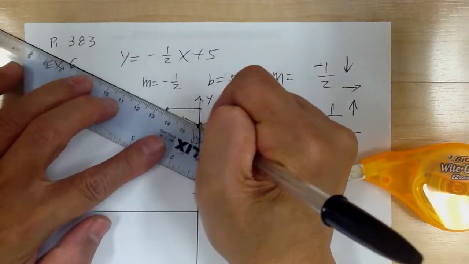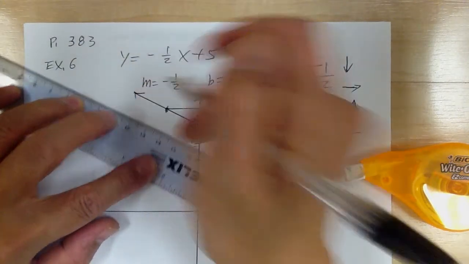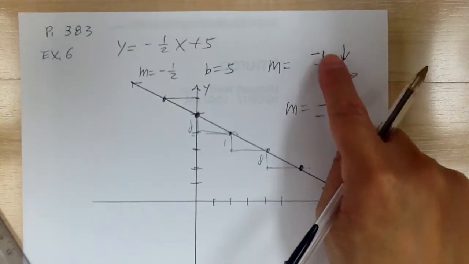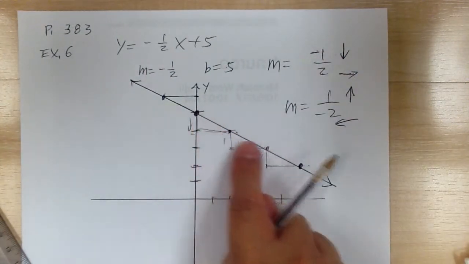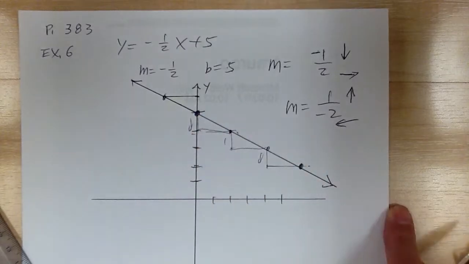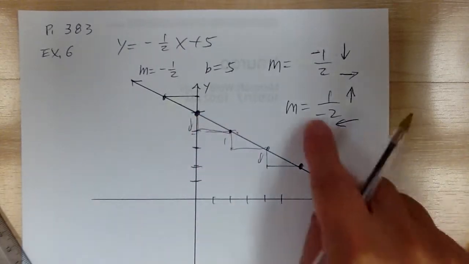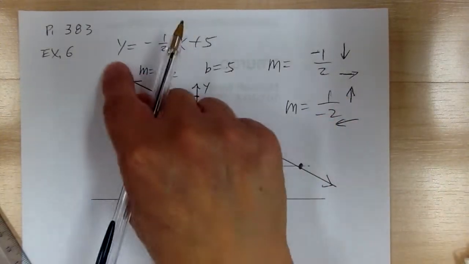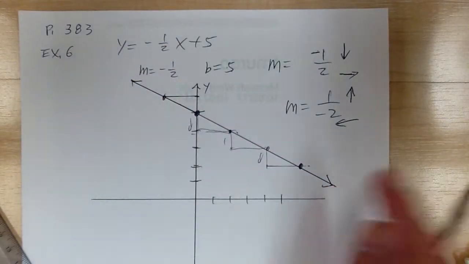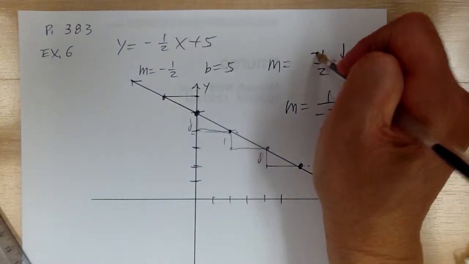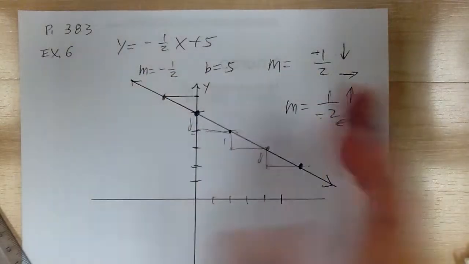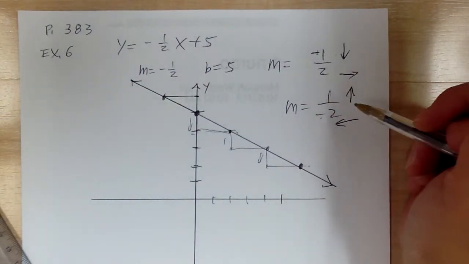So you end up right over here. If you put a negative on top, you end up going downhill, going to the right. If you put a negative on the bottom, you end up going that way. But it's going to end up on the same line. So that's why it does not matter if you put the negative on top or on the bottom. But you have to keep track of the direction that you're going.